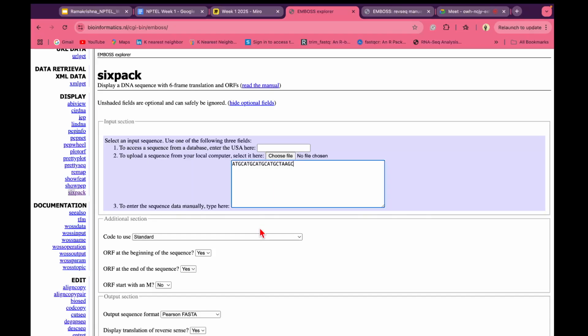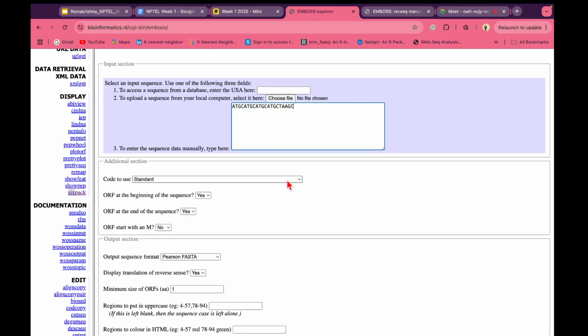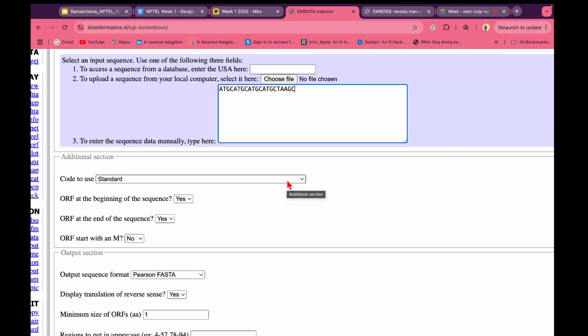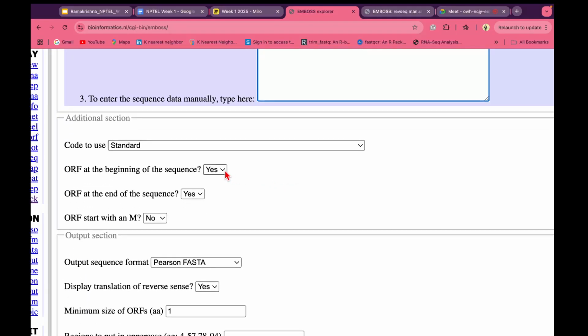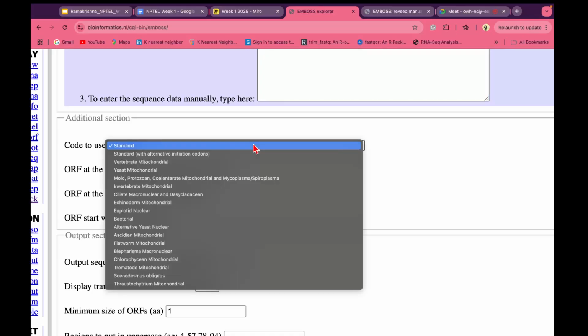I have given some random sequence here. Further, several options have been provided, such as the code to use. The standard code is better.